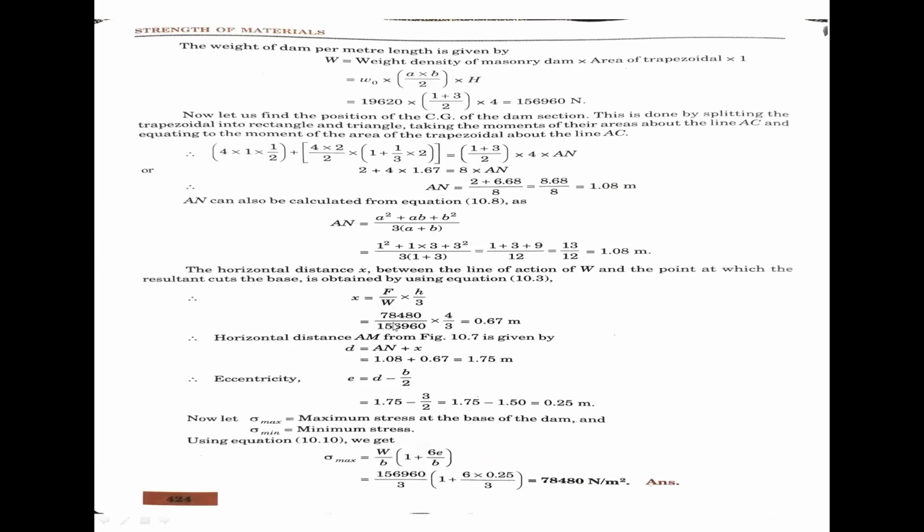Substituting the F value 78480 divided by the W value 156960 into H, that is 4 by 3, that equals 0.67 meters. You have got the x value.